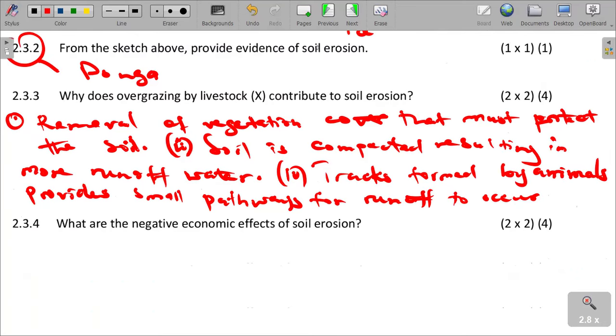So what happens is that with removal of vegetation, animals, when they move, create some tracks or pathways, resulting in passages that can be used by water when it flows.